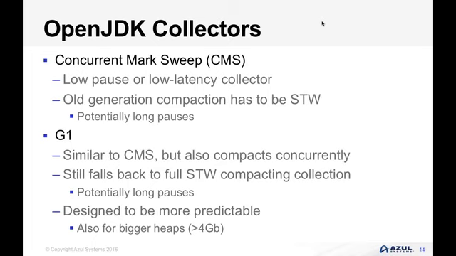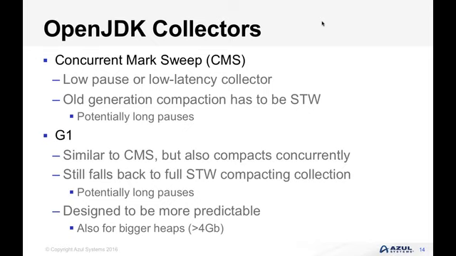A slightly more modern collector that was introduced is the concurrent mark sweep collector. This is also called the low pause or the low latency collector. What this does is to run concurrently. This is a situation where we can see the garbage collection threads doing some of their work at the same time that application threads are doing their work. How that works is that you have an initial marking phase where the garbage collector will pause the application threads.